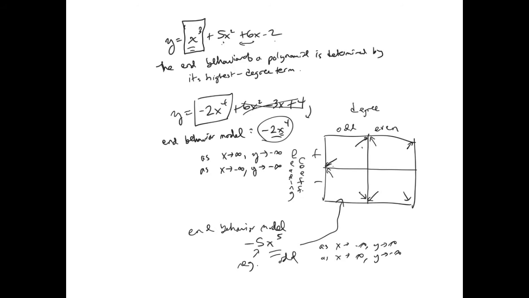Now that's really important because when we're dealing with rational functions, the thing on top and the thing on bottom of a rational function are both polynomials.